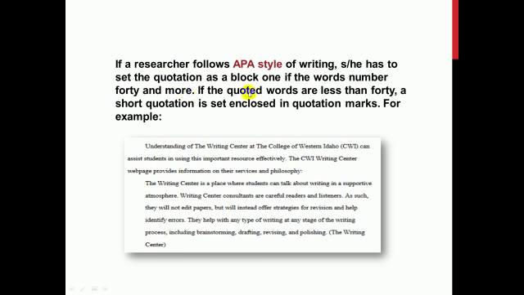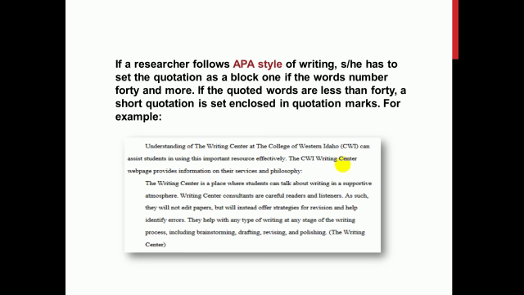If the quoted words are less than 40, a short quotation is set enclosed in quotation marks, for example this one. So how can we count the words? In Microsoft Word, you can highlight any piece of text, and the exact number of words will appear at the bottom of the file.